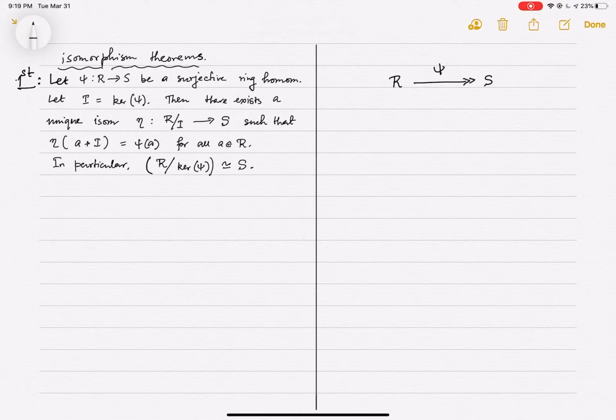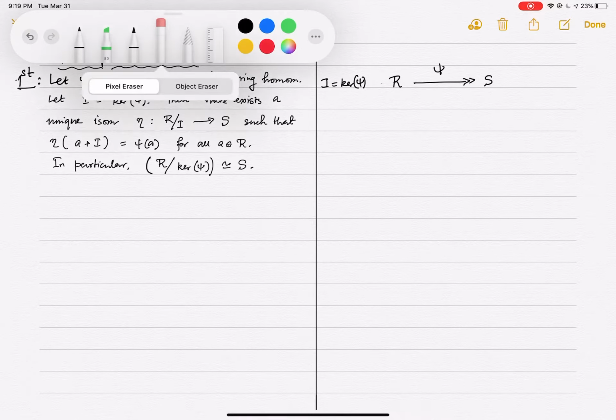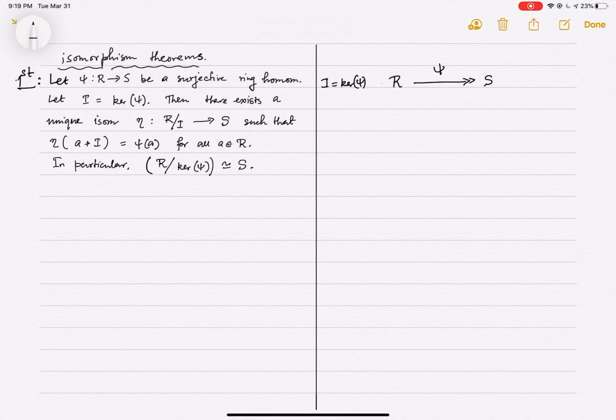And you let I be the kernel of psi. So this I is an ideal in R. So it's a subset of R.